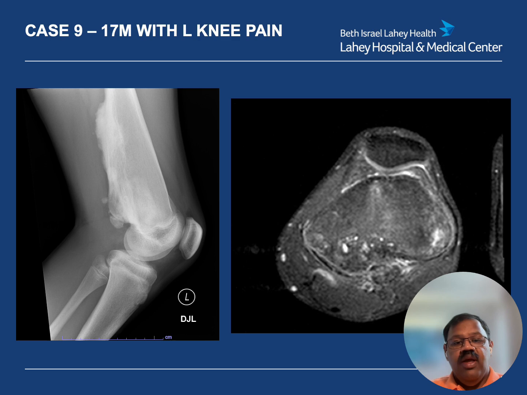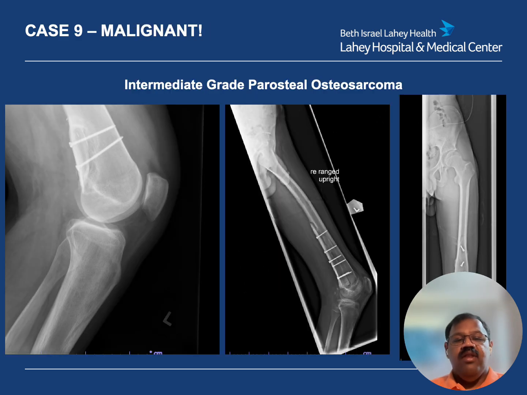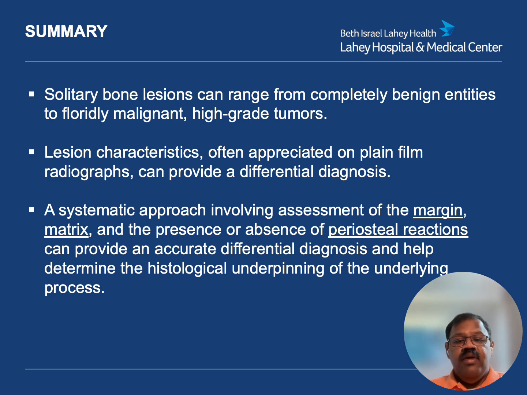Here's another example with a much larger, more broad-based area of involvement extending through the entire posterior cortex of the femur with significant ossification, significant cloud-like matrix that you're seeing, consistent with bone being the underlying matrix. Ultimately, this patient was diagnosed with an intermediate grade paraosteal osteosarcoma and underwent a hemicortical resection with reconstruction using an allograft and did quite well.